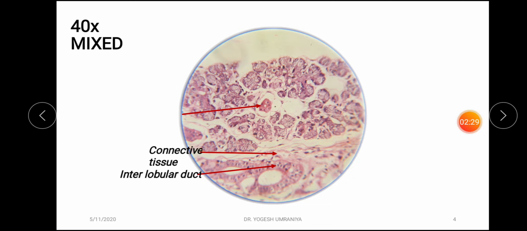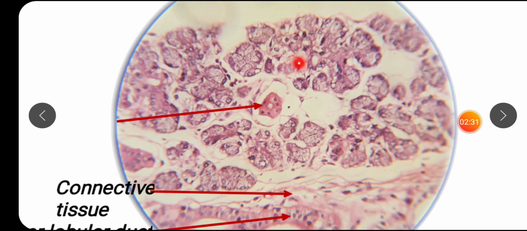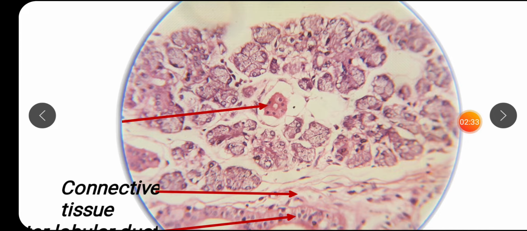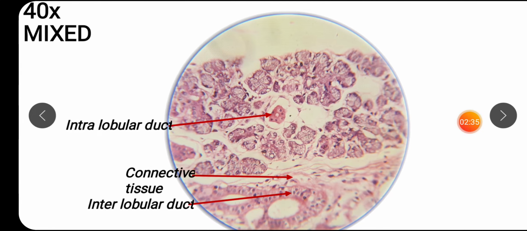Again, a small duct that is surrounded by the acini here is the intralobular duct, but you can see the nuclei are away from the lumen, so that is the intercalated duct.